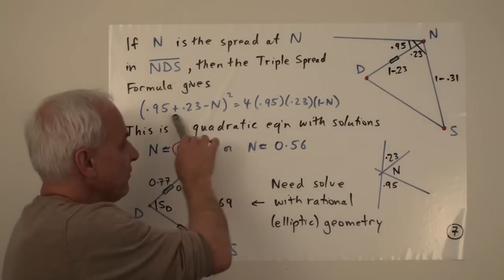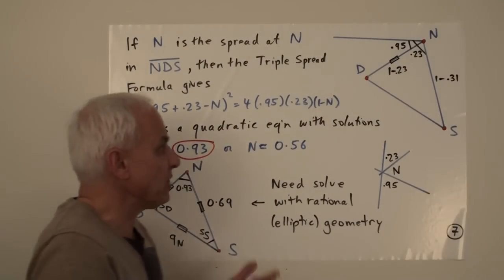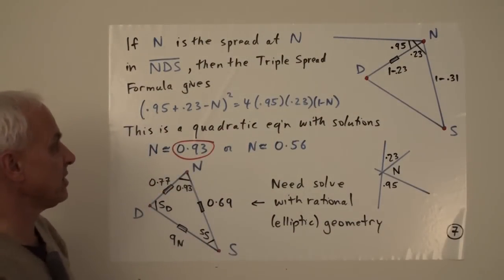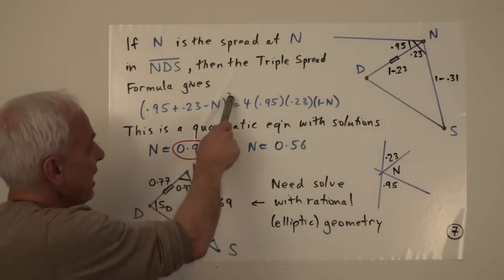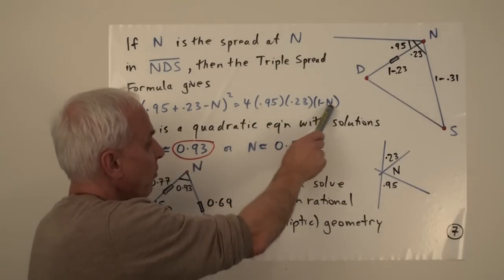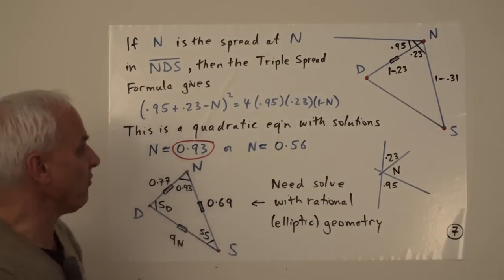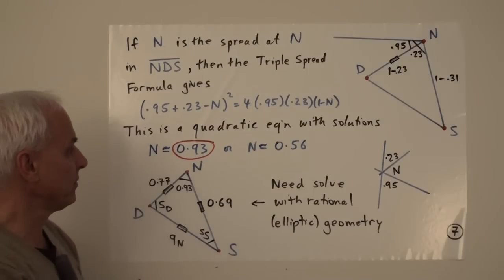To find n, we have to use the triple spread formula. It's the relation between 3 concurrent spreads. So (0.95 + 0.23 - n) squared equals 4 times 0.95 times 0.23 times (1 - n). That's an efficient way of writing the triple spread formula, also sometimes called the projective triple quad formula.